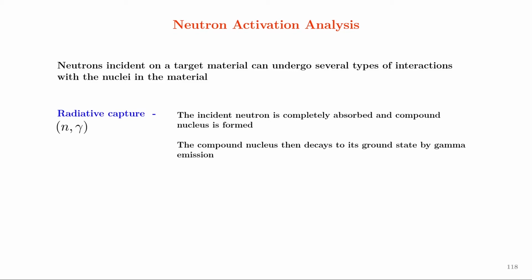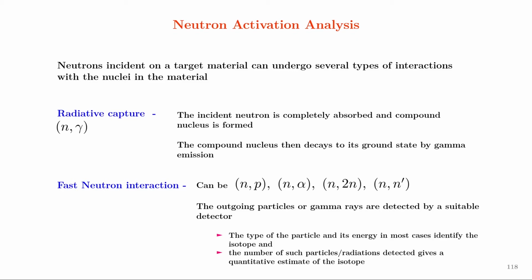The compound nucleus will be in an excited state, and its subsequent decay to ground state leads to the emission of a gamma ray. Fast neutrons interact with the nuclei via n,p; n,alpha; n,2n; n,n' reactions. The outgoing particles or gamma rays are detected by a suitable detector.